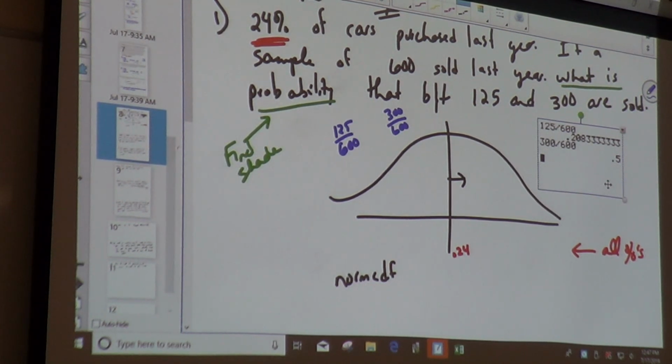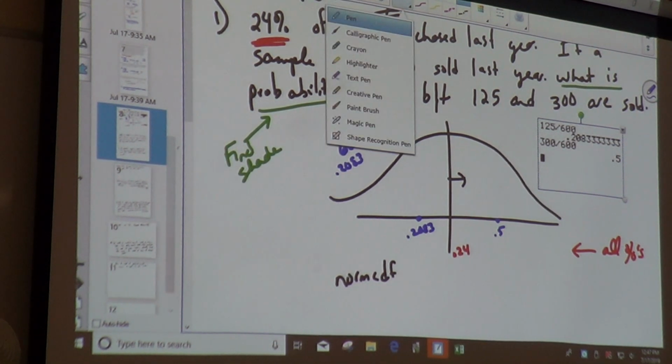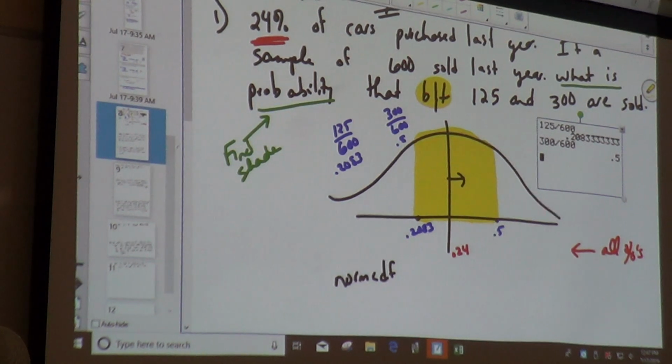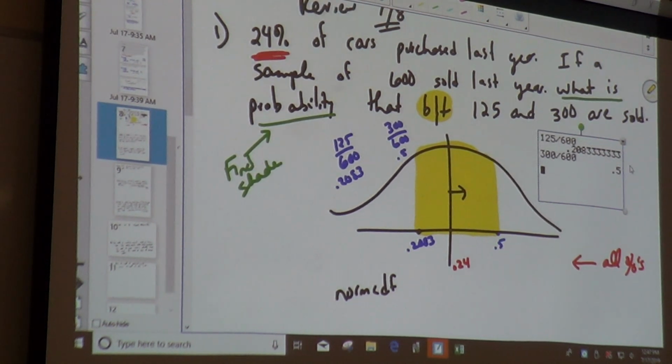The 0.2083 is going to be somewhere to the left of 24%, and the 0.5 is going to be somewhere to the right. Are you with me? And we want to know the between. So I want to know this.